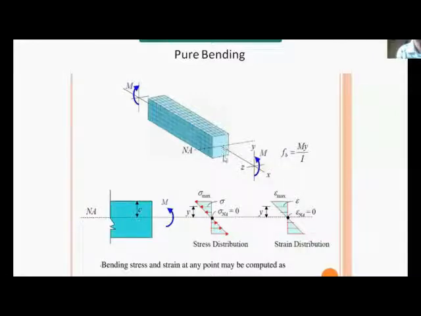Similarly, when the moment is acting about the y-axis, now M is the moment acting in the z plane or about the y-axis, and I is the moment of inertia about the y-axis, and instead of y here, now you get the distance from the y-axis, that is z.